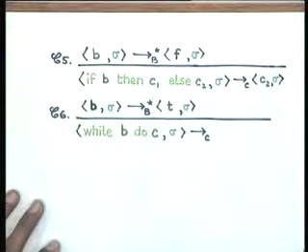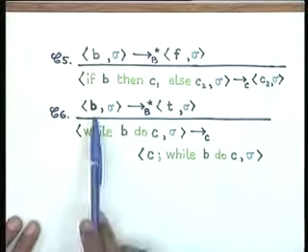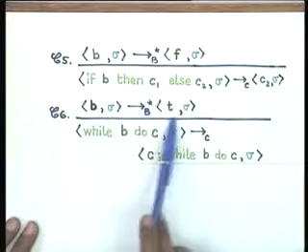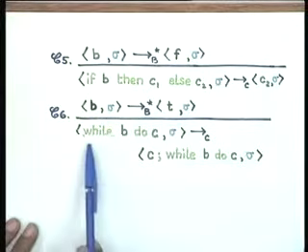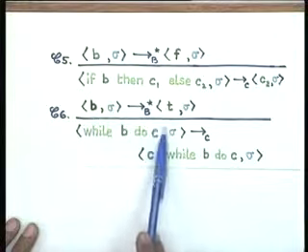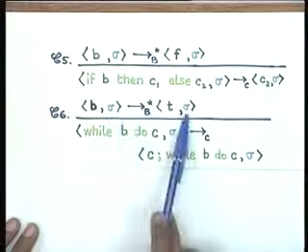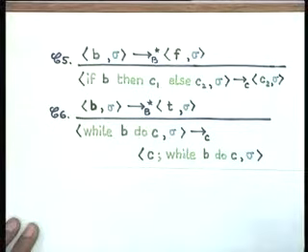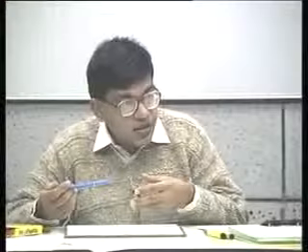And the while statement is very simple. If the condition B evaluates to true, then you manipulate this while B do C, and there is no state change. How is the control changed? You execute the body C and then you execute the while statement again.